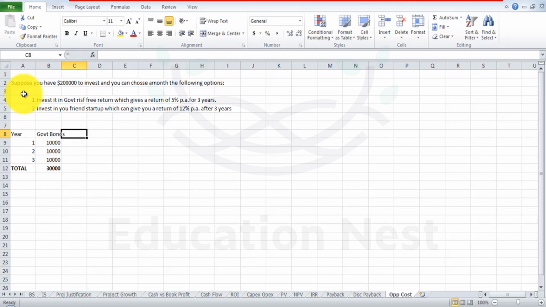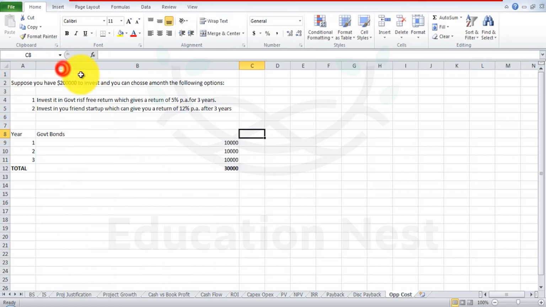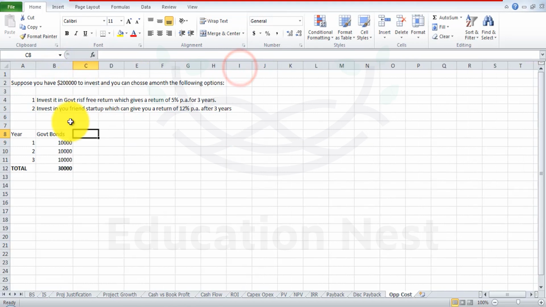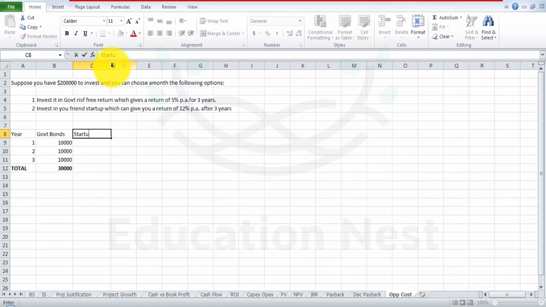Now we're going to see your friend's startup option. This is going to give you a 12% return, so it's going to be $24,000 a year, which for 3 years is $72,000. Here you might say that if you invest in your friend's startup, you're going to earn an income of $72,000. But that's not the case, guys.